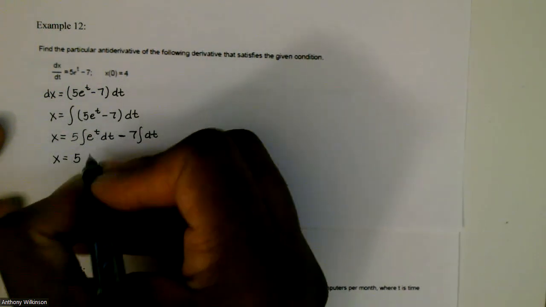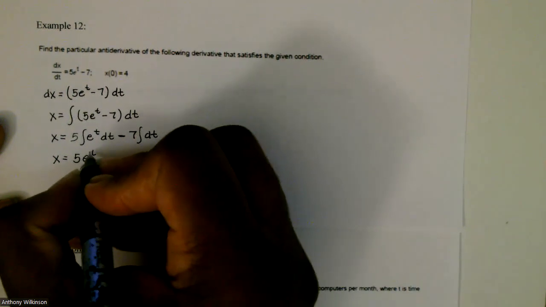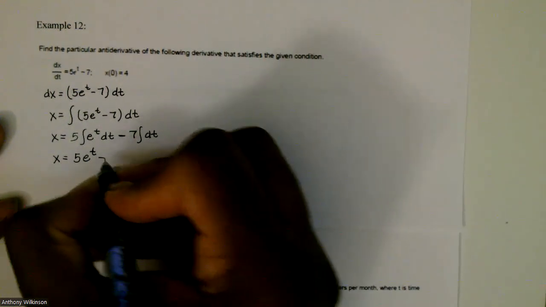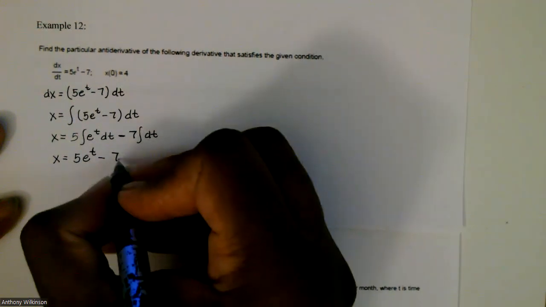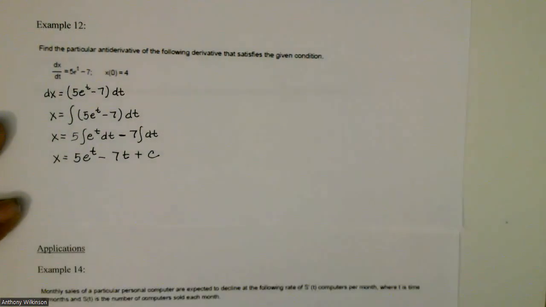So that means I have 5 times the integral of e to the t dt will just be e to the t minus 7 times the integral of dt would just be t. And of course, we have to include the plus c, which is going to give us the general antiderivative.